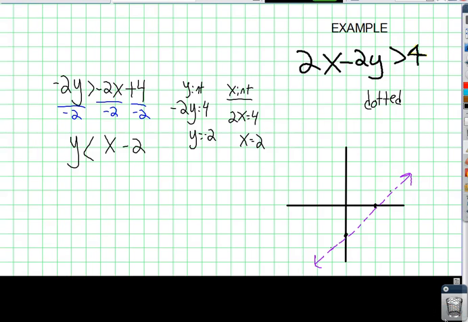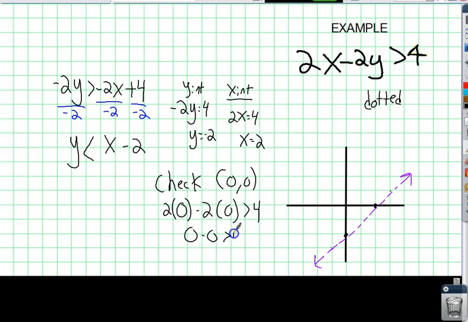That's also acceptable. Now I'm going to again check the point 0, 0, because if I use my intercept method, I can't use that arrow trick available to me. So I get 0 times 2 minus 2 times 0 is greater than 4. That means 0 minus 0 is greater than 4. 0 is greater than 4.